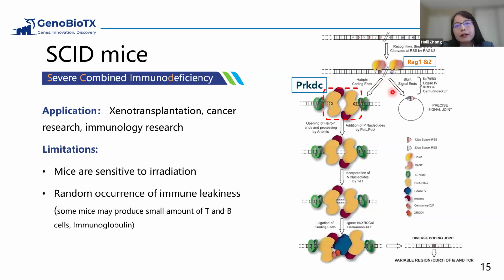And after the RAG complex cuts the DNA, the ends of the DNA segments are joined by PRKDC and other proteins to form the functional VDJ arrangement. So a mutation in the RAG complex can disrupt VDJ recombination and cause defects in T and B cell production.